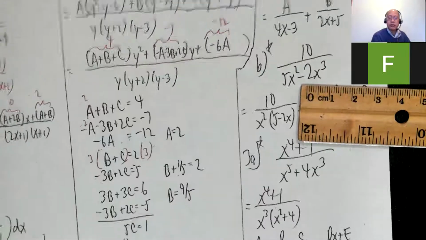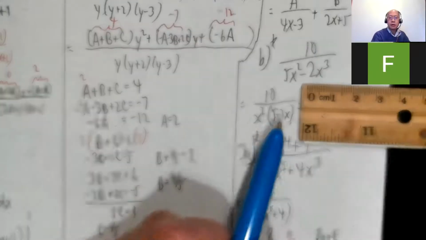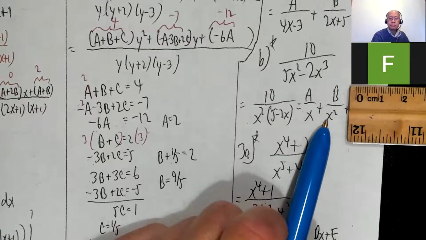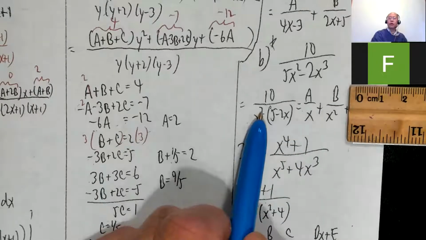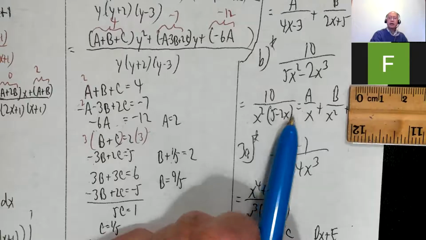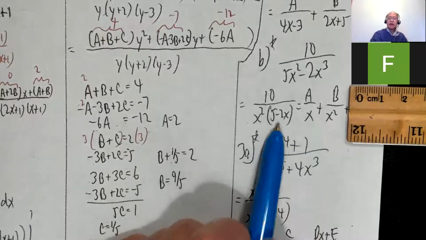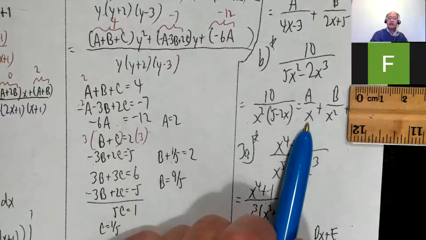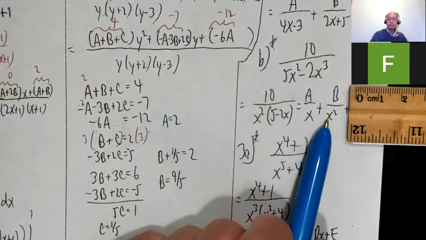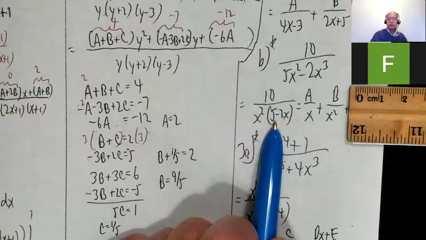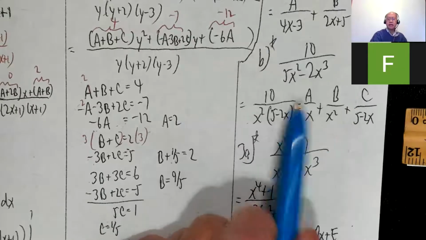What am I going to do with x squared? If I had x to the 4th, I go x squared, x cubed, x to the 4th. If I had x to the 10th, I go x squared, x cubed, x to the 4, 5, 6, 7, 8, 9, 10. Then how about this one? No repetition, 5 minus 2x, and then just A, B, C.